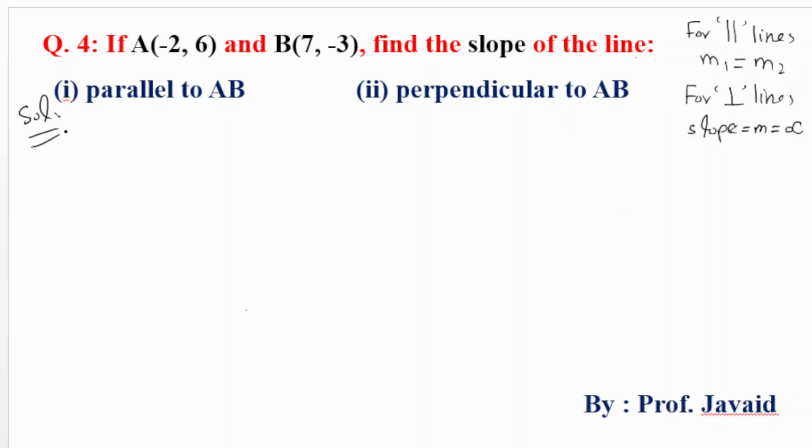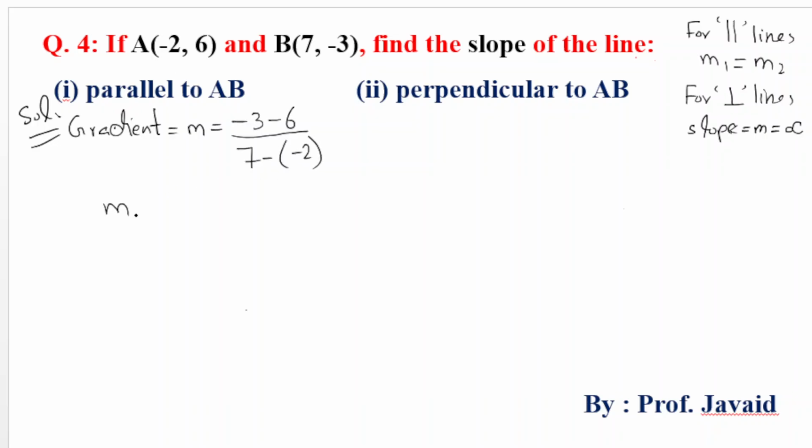Now, gradient or slope, I will write m is equal to y2 minus y1 over x2 minus x1. You can write any point first. So if I write negative 3, then it will be negative 6 here, y2 minus y1, and x2 minus x1 is 7 minus negative 2.